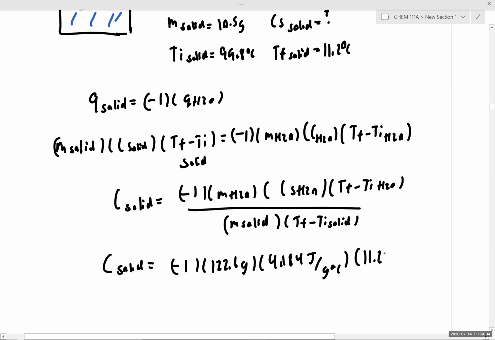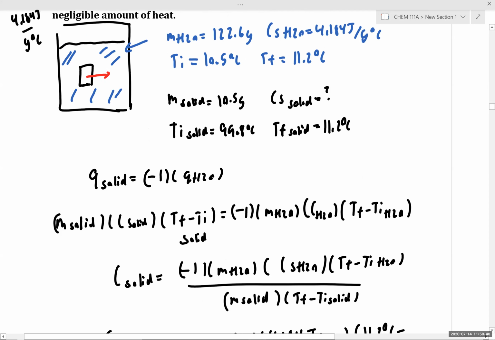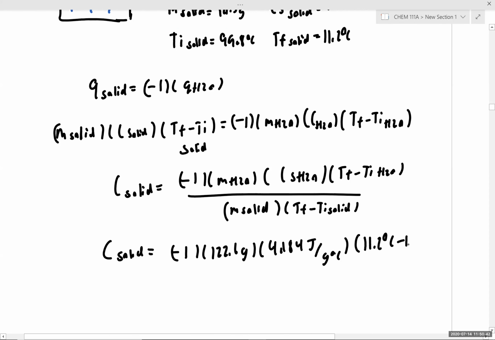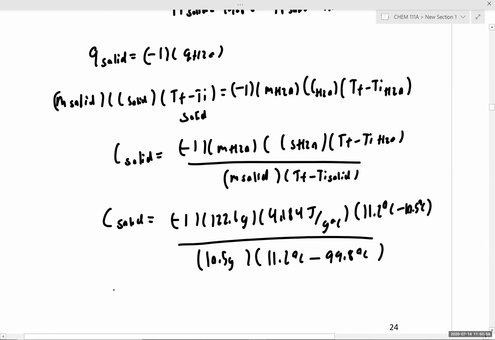Our T final is 11.2 degrees Celsius. Our initial temperature of water is 10.5 degrees Celsius. Dividing by the mass of solid, which is 10.5 grams, the T final of our solid is 11.2 degrees Celsius, and the T initial is 99.8 degrees Celsius.